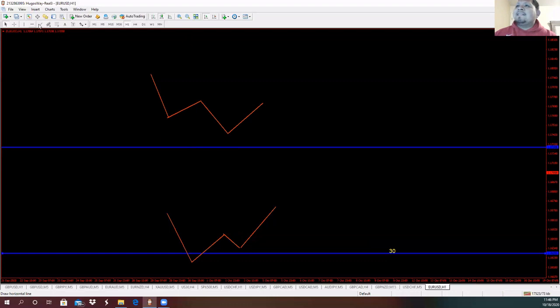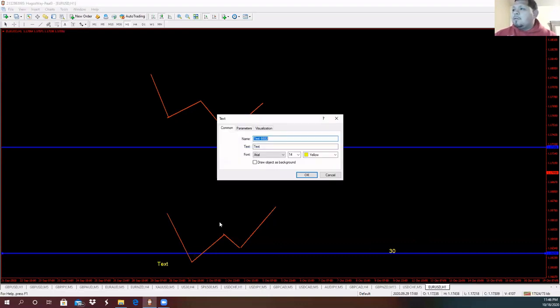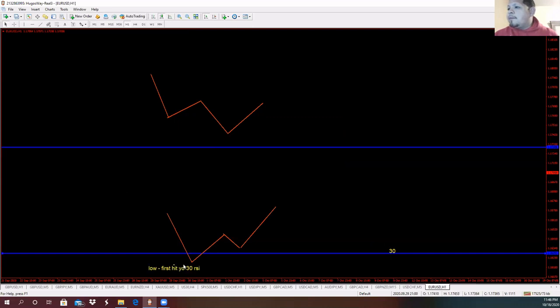As I see my first low hit the 30 on the RSI, let's go ahead and write this down. First low, which is my first hit to the 30 level on the RSI. Kind of misspelled it.